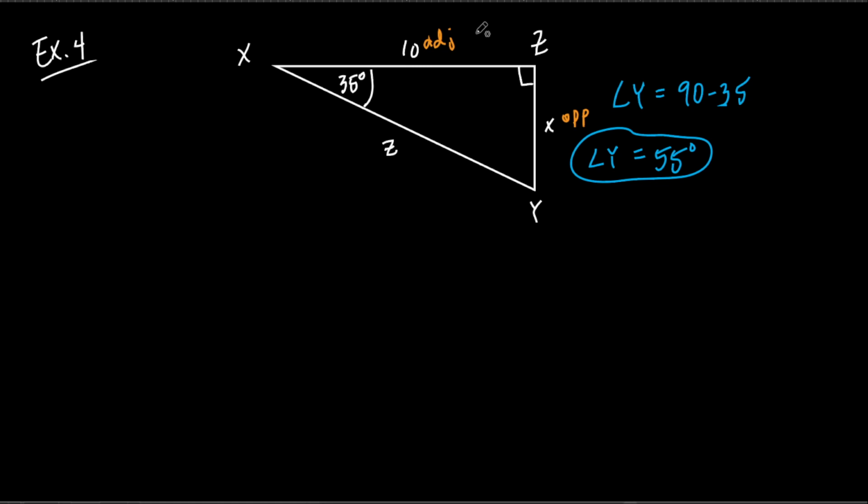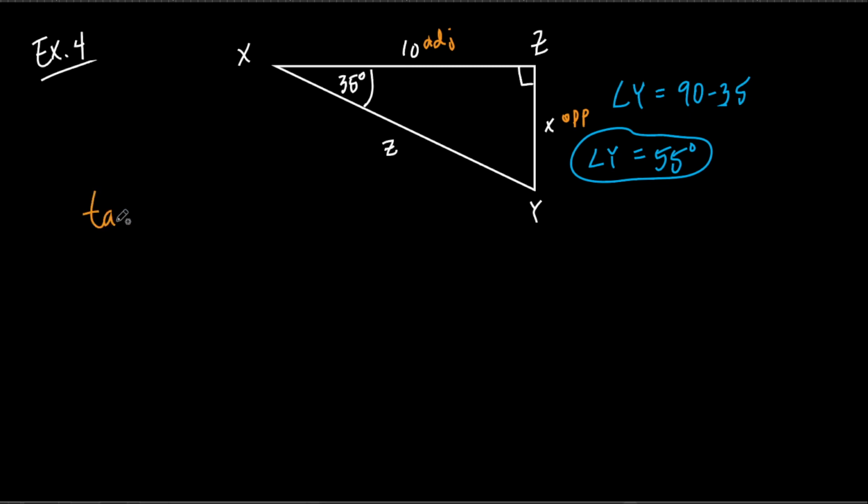What I did right there is the thing that students have the most difficulty with, because they always ask me, I don't know which one to use, the sine, the cosine, or the tangent. Well, you look to see what you're solving for. You look to see what they give you, and that'll tell you which trig function to use. So I'm going to use the tangent.